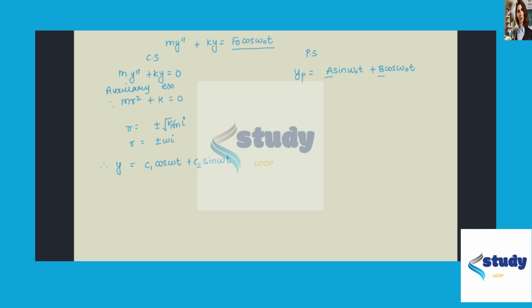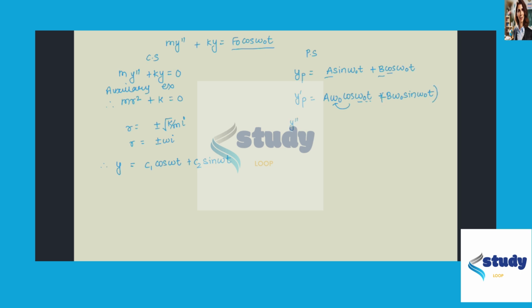Now we'll solve the particular solution. So we have yp as this. If we differentiate this, we get a times omega naught cos omega naught t, since the differentiation of sine is cos. Similarly, here we have b omega naught sine omega naught t, but the differentiation of cos is minus sine, so this becomes minus.